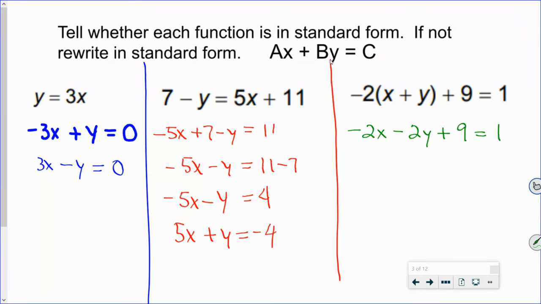I need to get it on the other side of the equal sign, so I've got it in standard form. X, Y, and the number, okay? So I'll subtract 9 from both sides, so it's negative 2x minus 2y equals 1 minus 9. So I have negative 2x minus 2y equals negative 8.